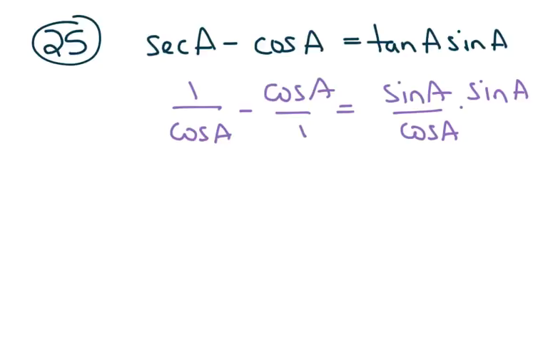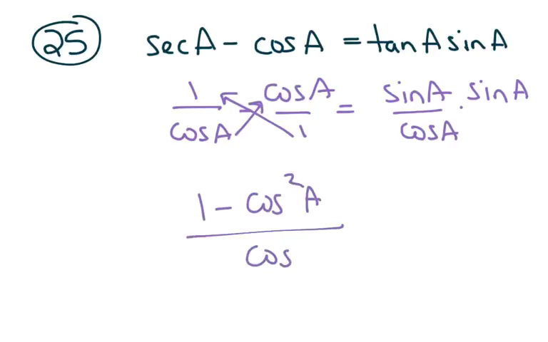Then on the left-hand side, I'm going to do that little multiplying process. So 1 minus cosine squared all over cosine is going to equal sine squared over cosine.